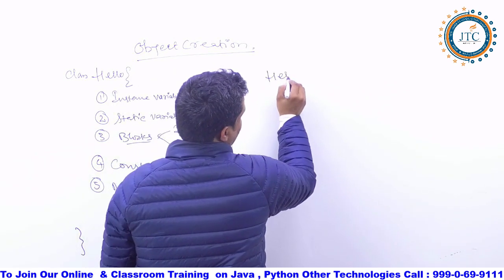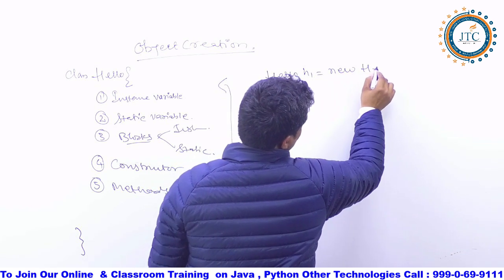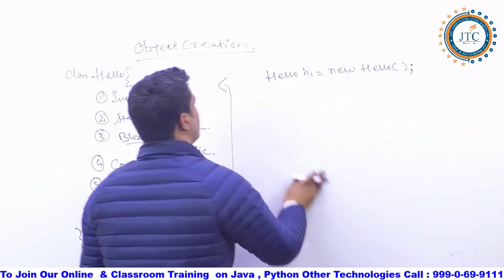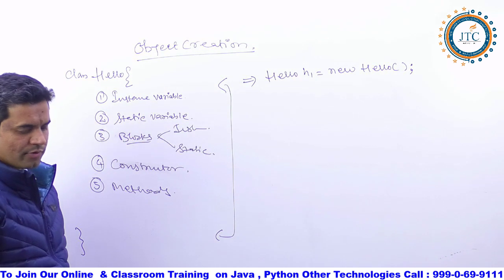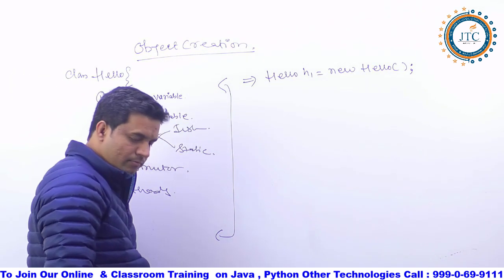I'll write here Hello h1 is equal to new Hello. I'm creating this object. Hello h1 is equal to new Hello. This is one object which I have created here, correct?